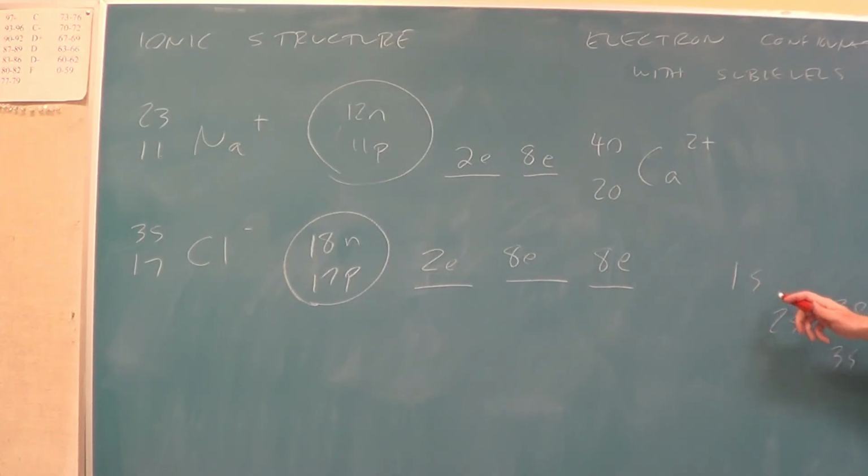So 2, 4, 10, 12, 18. If we're working up through 18, we're good. Because the 1 fills before you touch 2, 2 fills before you touch 3, but then you start the 4 before you finished 3. So if we get higher than 18 electrons, which we didn't over there, then you have to start to think about the chart.